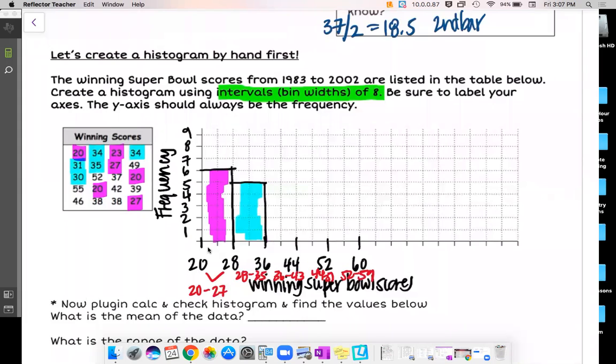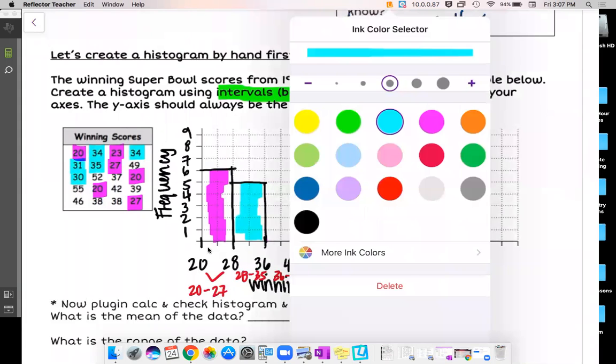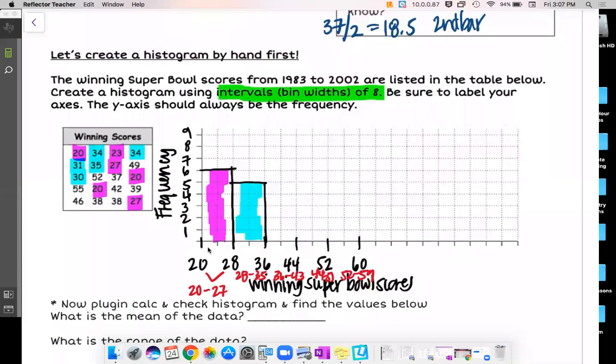Okay, and then let's do numbers between 36 and 43. There we go. So 5 as well.